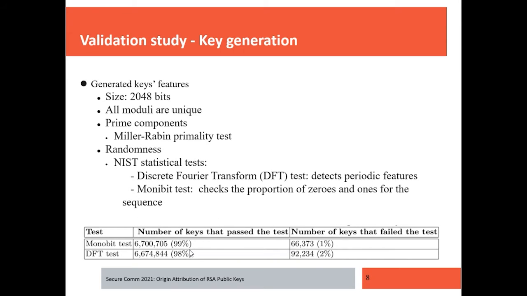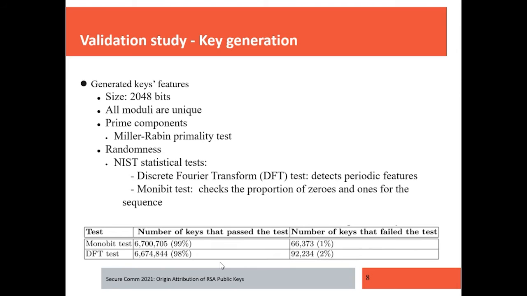Keys that were generated in the first phase all have 2048 bits, because this is the minimum key size recommended by NIST to be used in the RSA algorithm. All moduli are unique. In order to check whether the components are prime or not, we use the Miller-Rabin test.